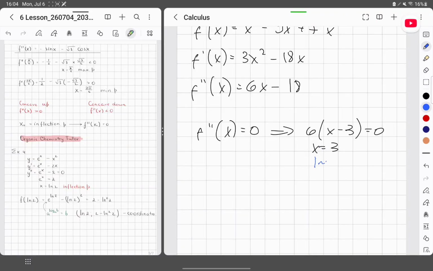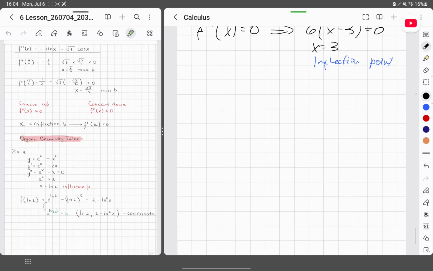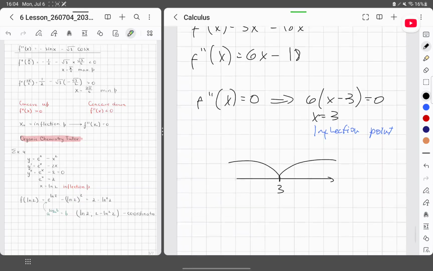Inflection point. And again, that's our 3, so positive or negative.